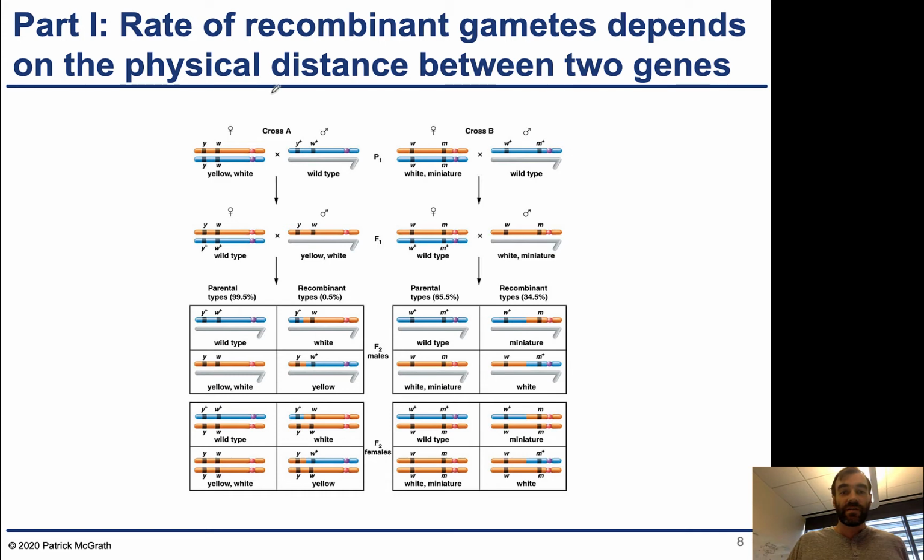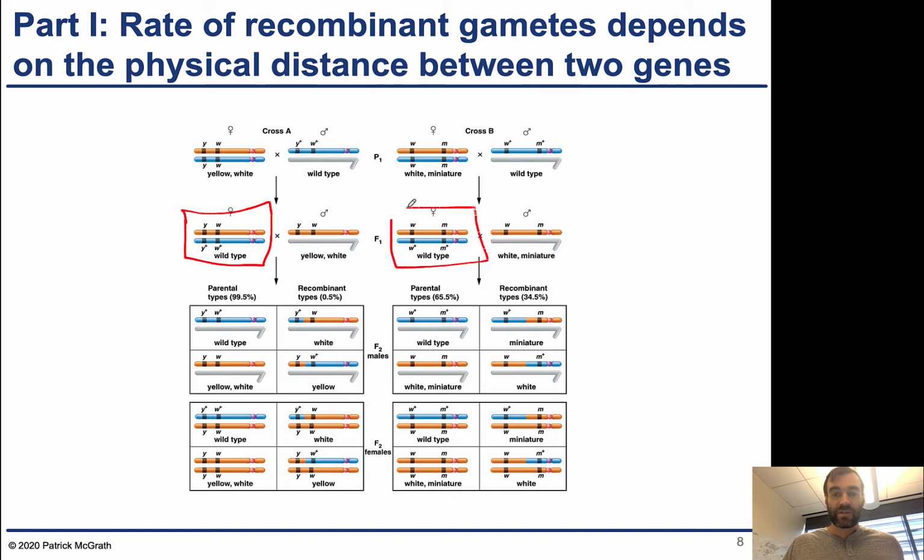So consider on this left side the case where we have two genes, Y and W, and they are physically very close to each other. And then in the second case, we're looking at two genes, W and M, that are much further apart. And so we can create a heterozygote individual. So this F1 individual is heterozygote right here.